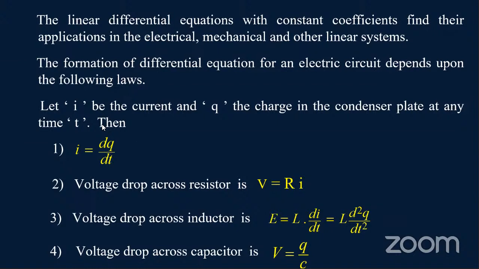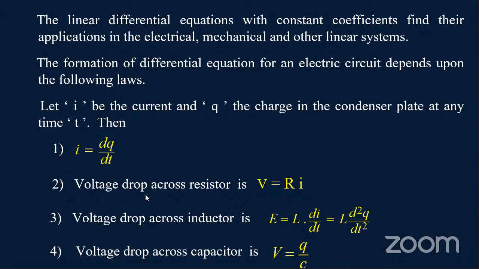If we denote I as the current and Q the charge in the condenser plate at any time t, then the current I is dq by dt, the rate of change of charge with respect to time.